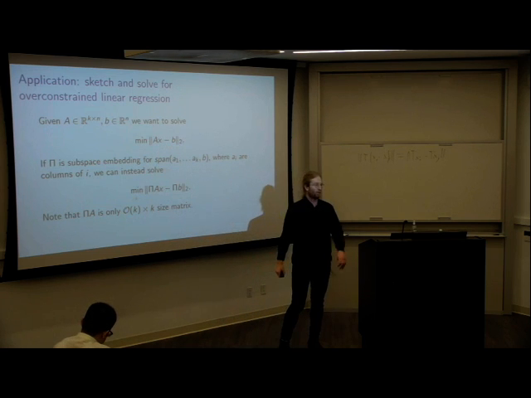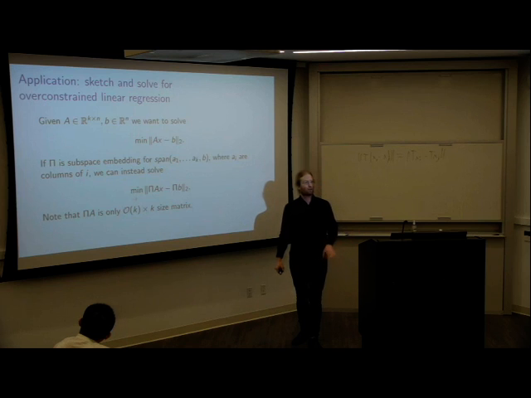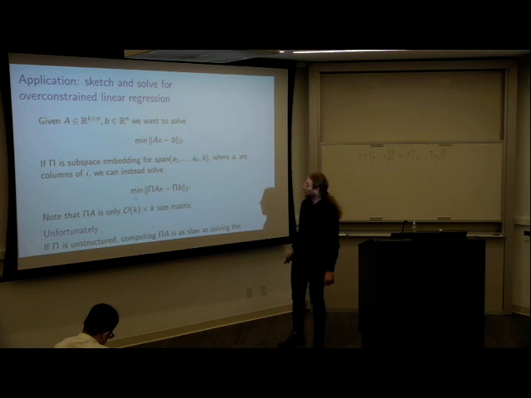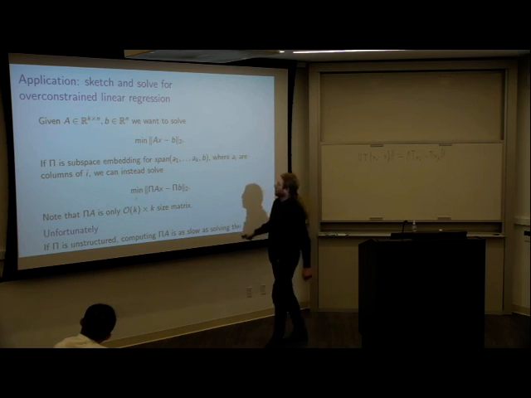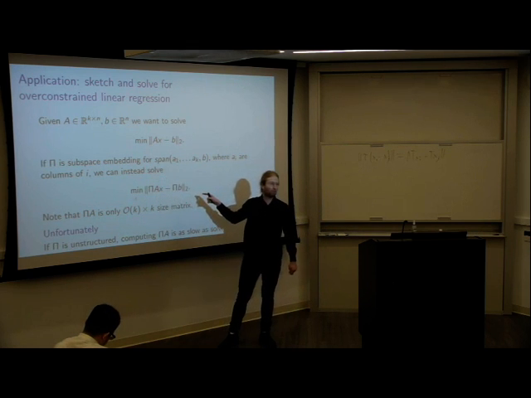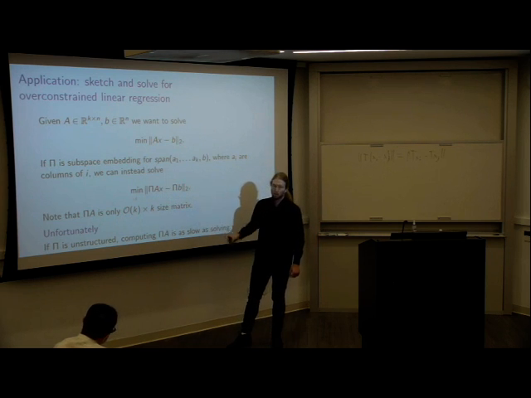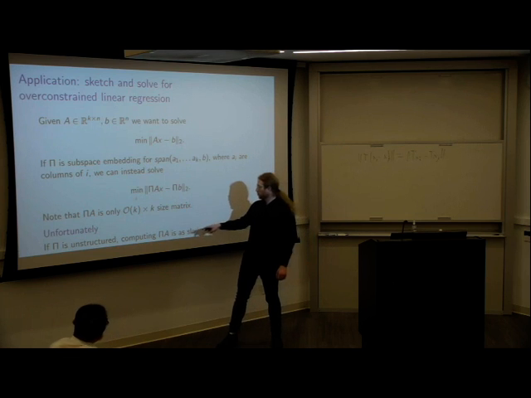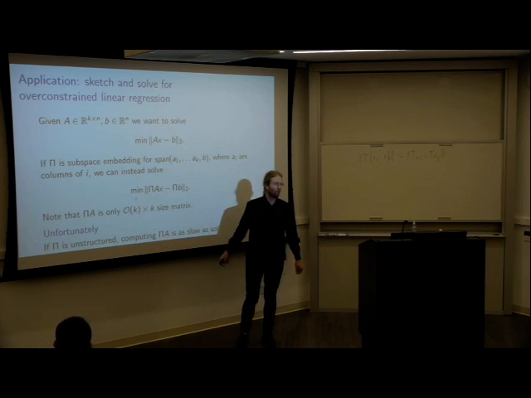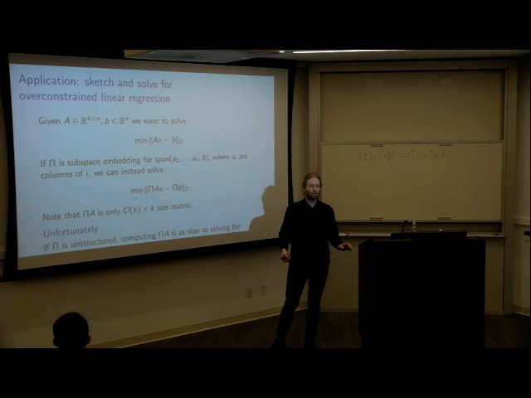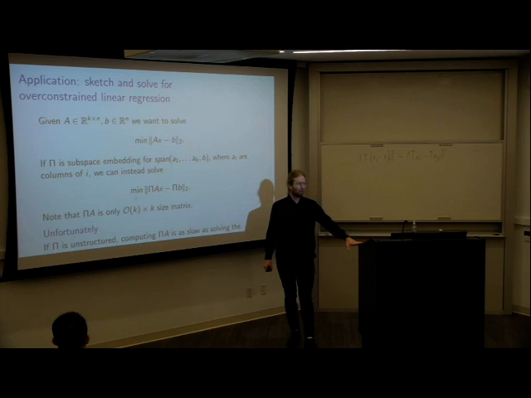So I can speed up linear regression in this extremely over-constrained setting. Solving this regression problem is now much faster. I can do this in time k cubed, basically, as opposed to nk squared. If n is huge, this is a great improvement. Unfortunately, just the sketching part, just computing this matrix Pi times A, is going to take nk squared time. So by itself, I didn't do anything particularly smart.